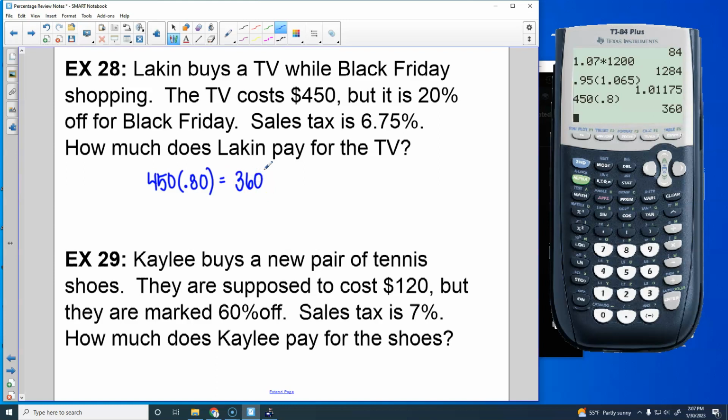All right. Then, in as few steps as possible, I want to consider sales tax. So 360 times what? Not 6.75.